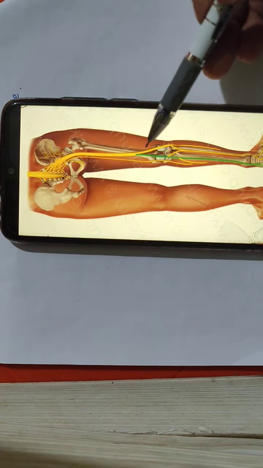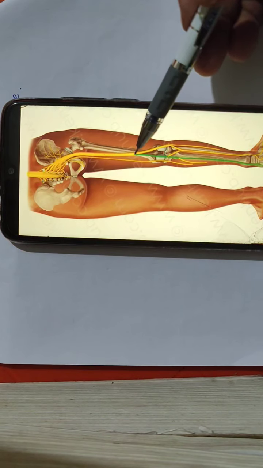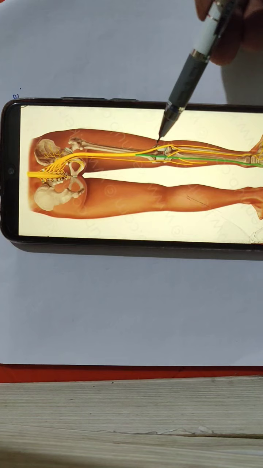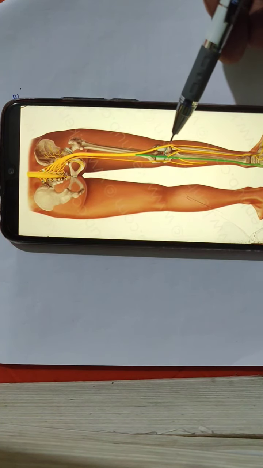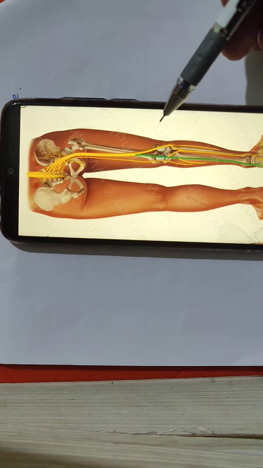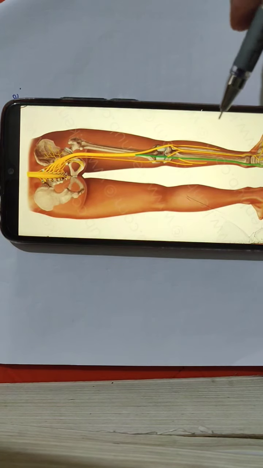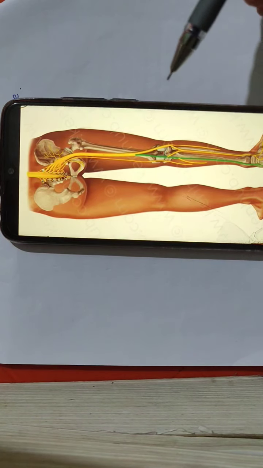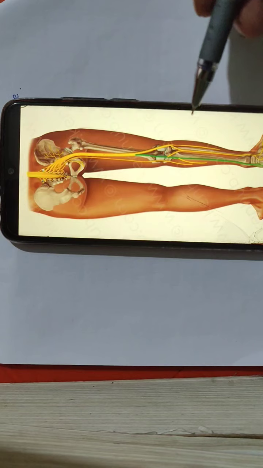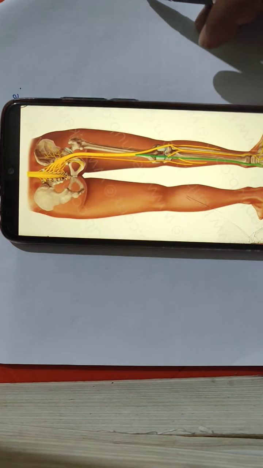It appears in the superior angle of the popliteal fossa beneath the biceps femoris, then slopes downwards and reaches the lateral angle of the popliteal fossa, and pierces the gastrocnemius muscle to reach the posterolateral aspect of the neck of the fibula. And here it divides into two parts. One is the deep peroneal nerve, another is the superficial peroneal nerve.